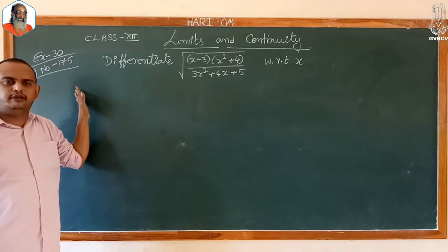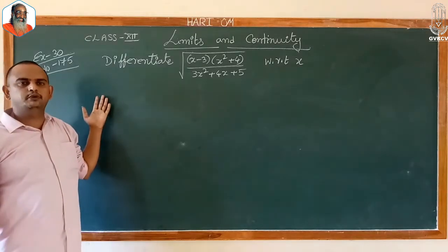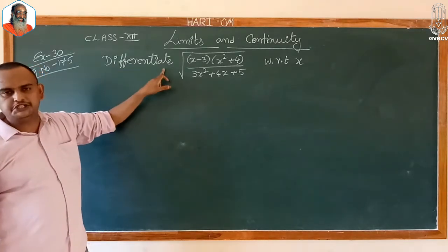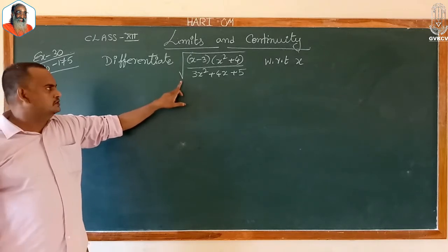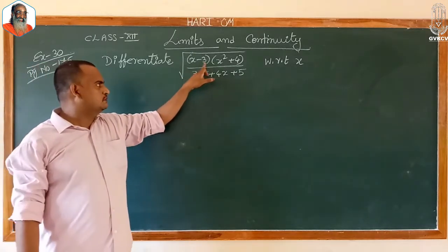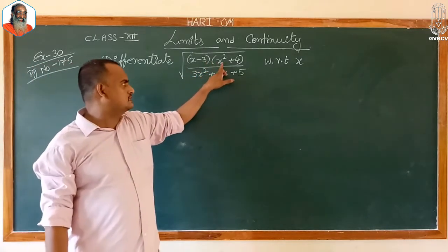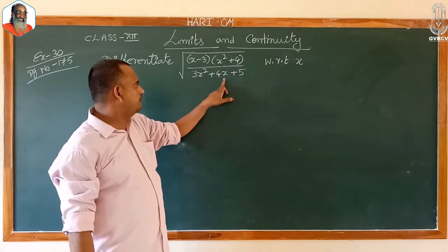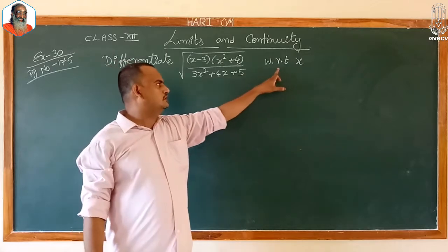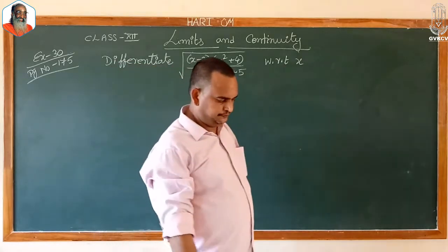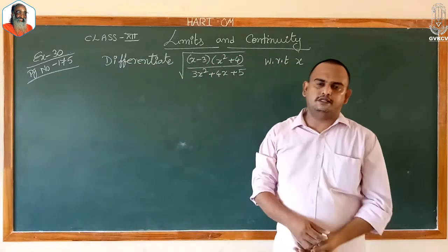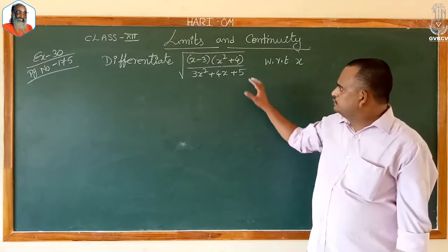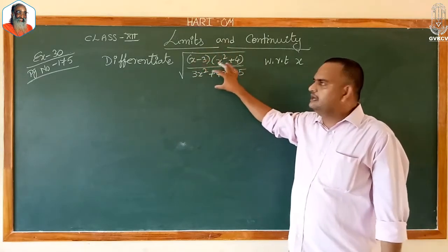Let us go for example number 30. What is given in example number 30? Differentiate square root of (x minus 3) into (x square plus 4) by (3x square plus 4x plus 5) with respect to x. Now, seeing the problem, it is a big problem.